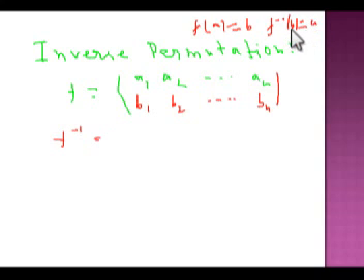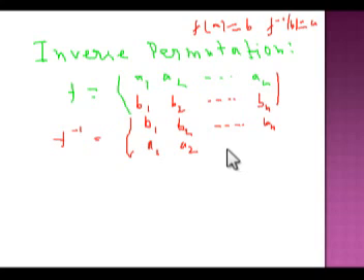If F inverse is a function, then we just swap the lower row with the upper row. So B1 has the image A1, B2 has the image A2, in this way Bn has the image An. This is the inverse of the permutation. I hope you understand this.